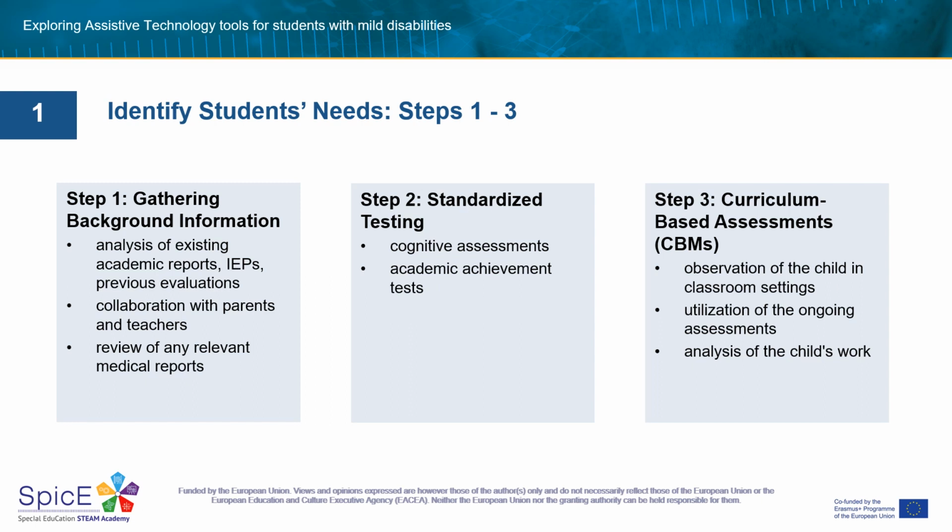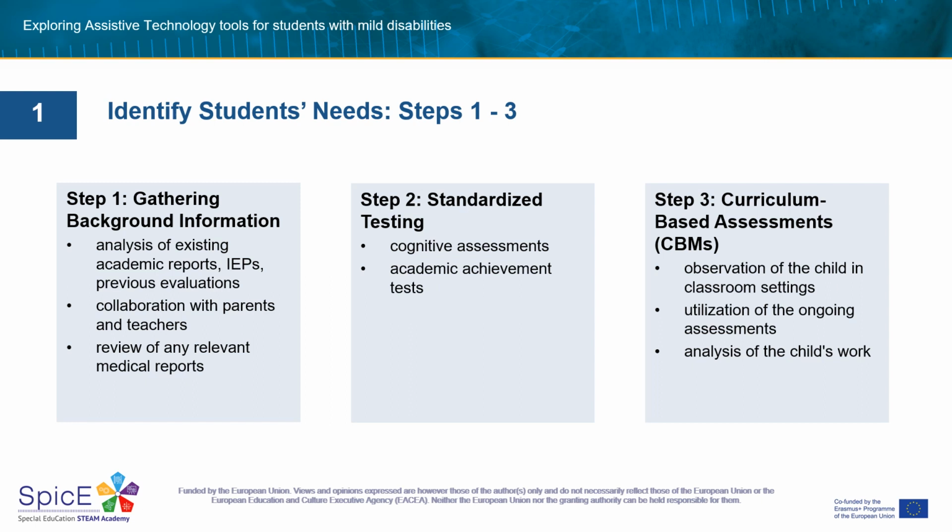Thus, we will focus our attention in more detail on key steps you can take for learning needs assessment of children with mild disabilities. Step 1. Gathering background information. During this step, a review of student records should be done, including analysis of existing academic reports, individualized education plans, if present, and any previous evaluations.